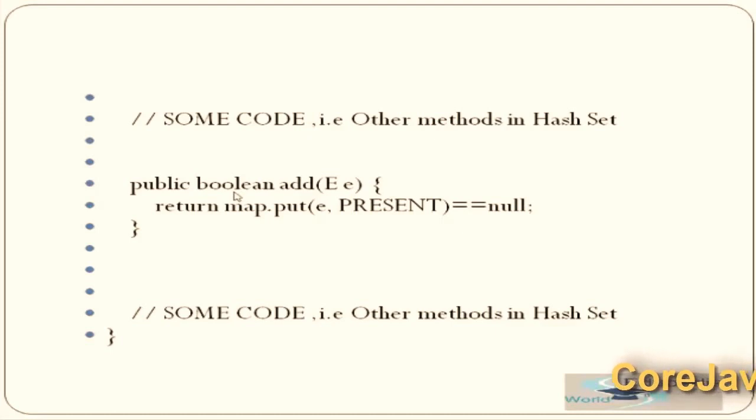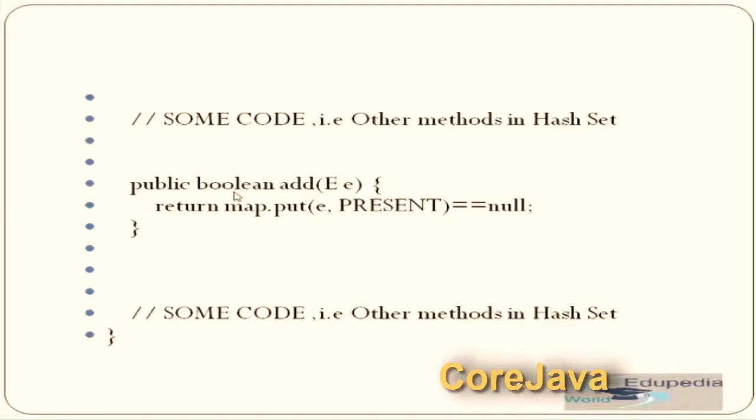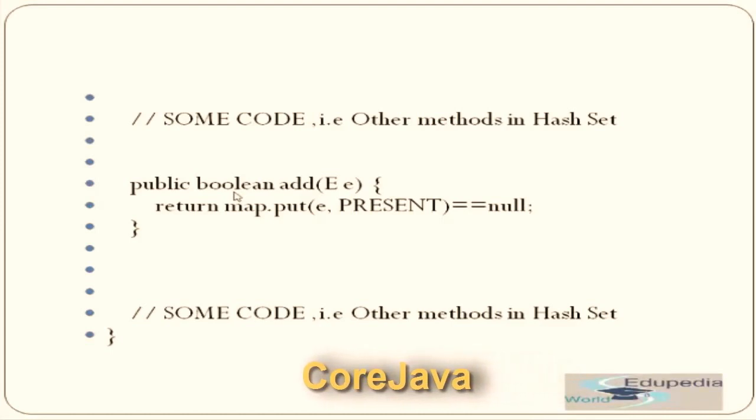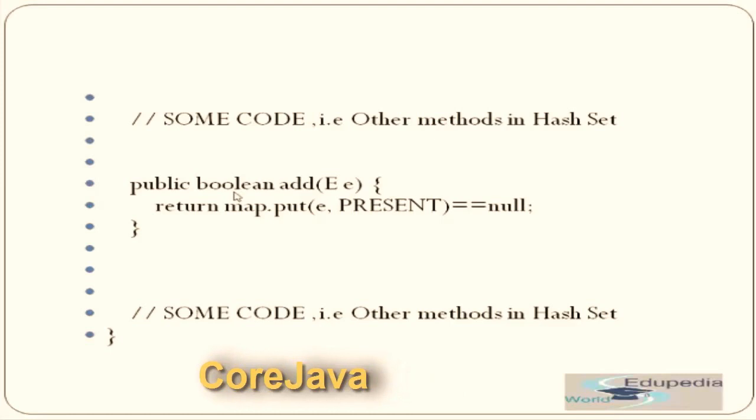In a set there is no key-value concept, so it has to fetch the key itself. So if you just pass the key that you want to find, it will go and find it and return whether that key is present or not.